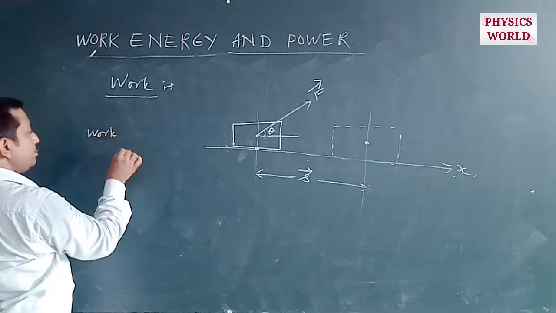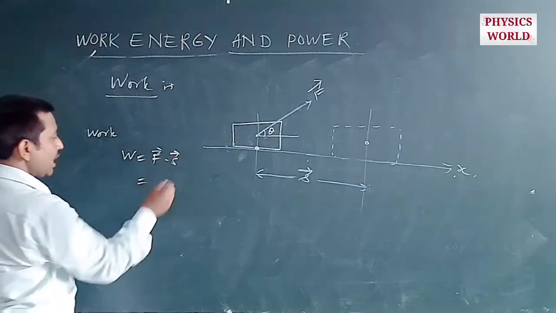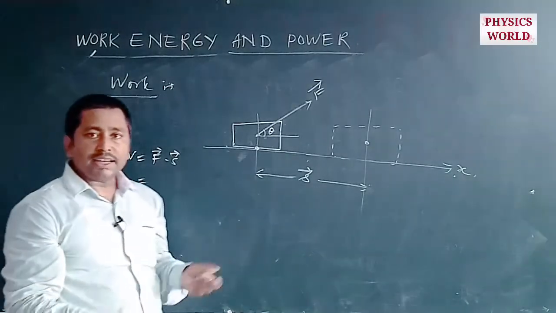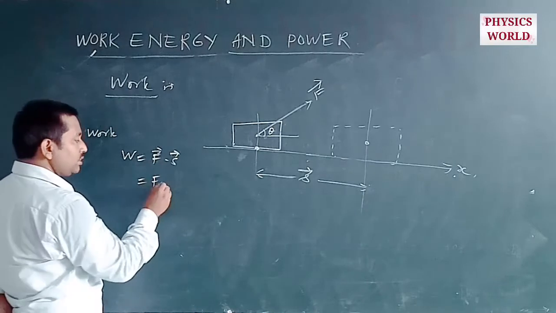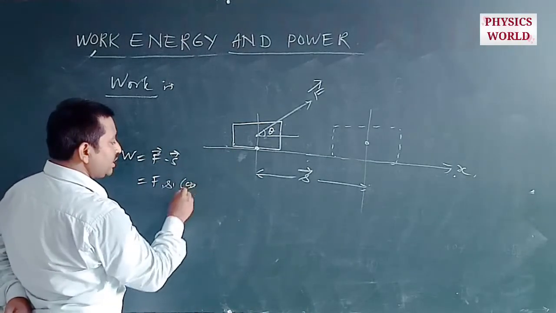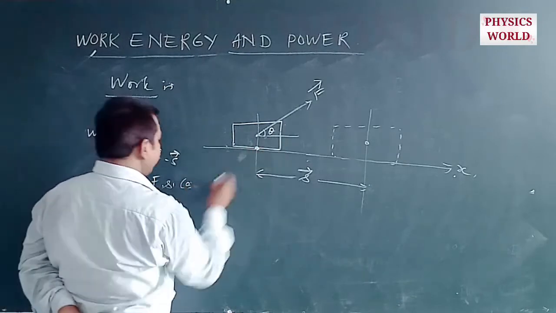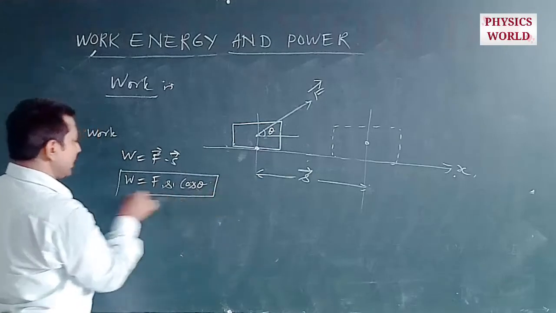Work, that is W, will be equal to vector F dot vector s, and as we know that the dot product of these two vectors can be defined as the magnitude of the first times the magnitude of the second times cos of the angle between these two vectors, that is theta. So you can write it as W equal to F s cos theta.